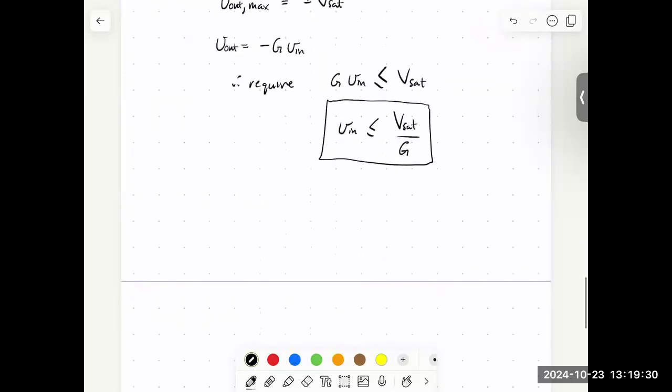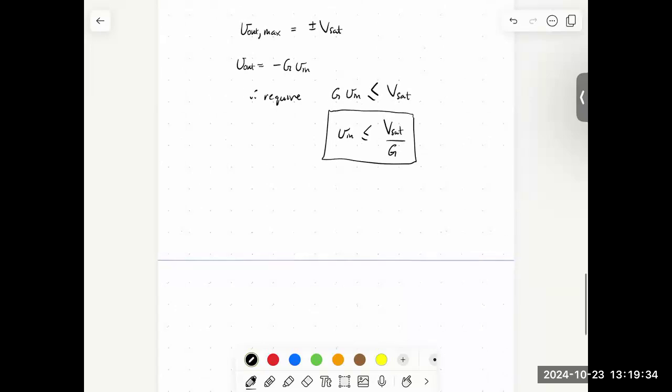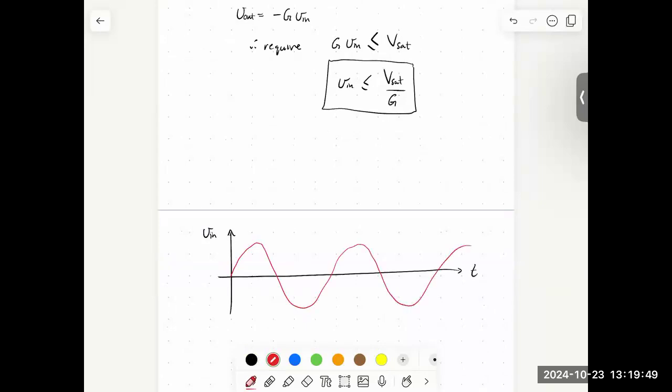So let's draw what would happen if we broke that requirement. So I'll draw a V in. We're going to use a function generator to provide our input voltage. And so let me draw it like that. So we get a sine wave as our V in.